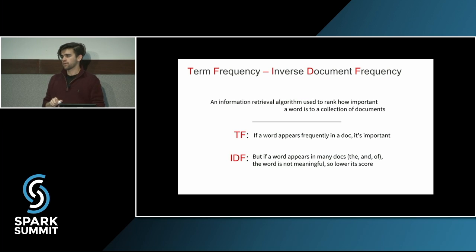However, we want some way of determining the importance of that term in the document across the data set, right? So maybe a better word choice is cat, for example. And in an article about cats, the word cat is going to appear 50 times. In an article about World War II, the word cat is probably not going to appear.